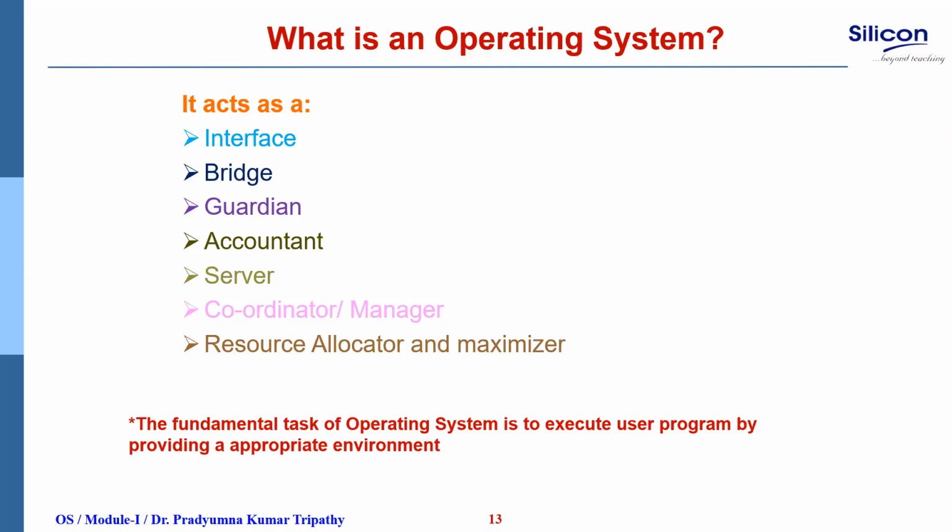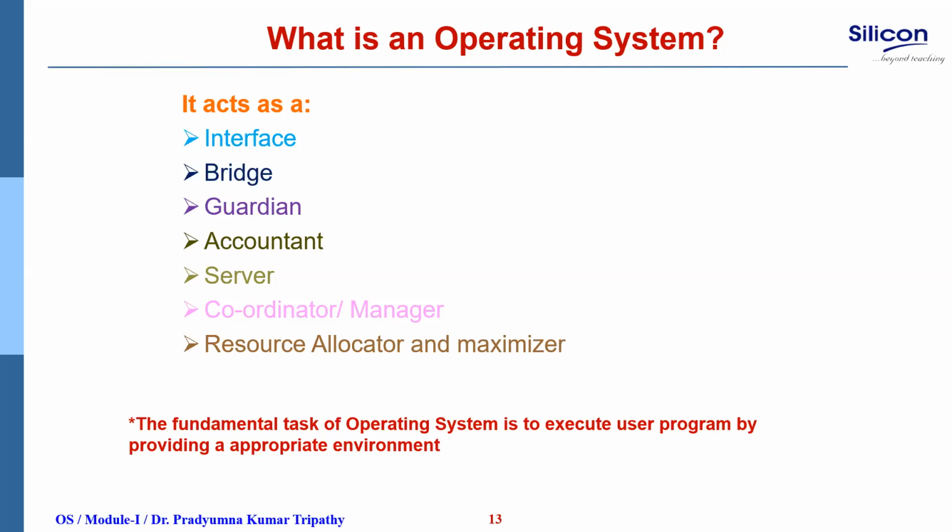However, the operating system does all these things. The fundamental task of the operating system is to execute user programs by providing an appropriate environment. That you just have to remember. The basic function of the operating system, in short, is to execute the user program.